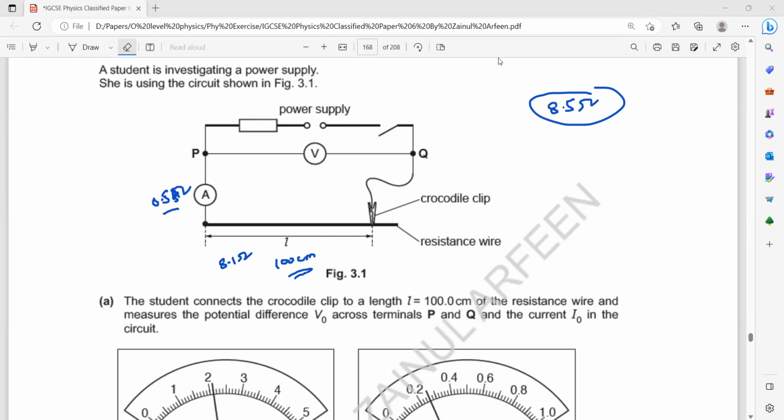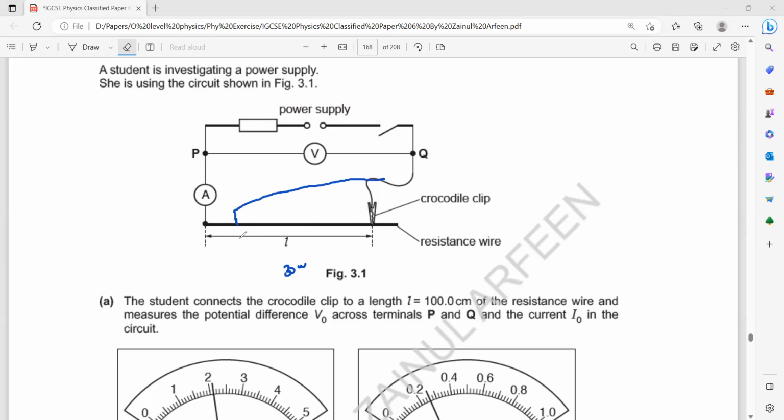But if I use a shorter length of 30 centimeter, the resistance of the wire will be smaller. So the resistance of this part of the wire will be smaller. So most of the resistance in the circuit is due to the ammeter. That is why in that case, the resistance of the ammeter will have more effect on the current as compared to the other part. When the length is 100 centimeter, the resistance of this part is higher and the ammeter part is lower.